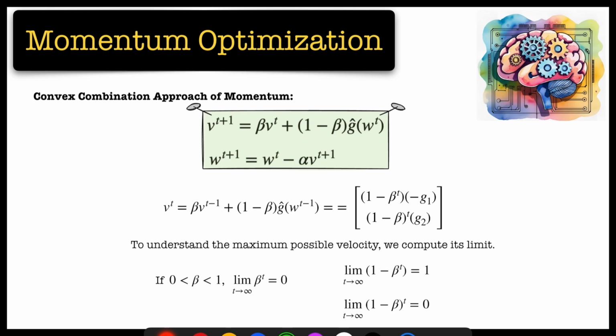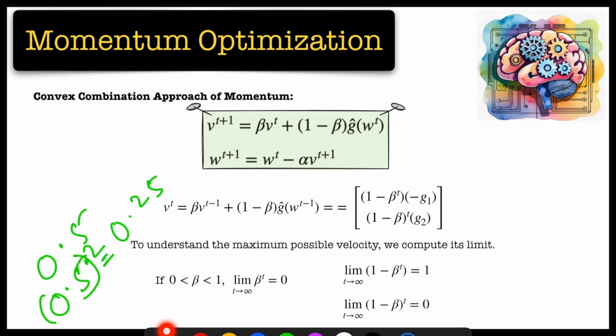Just a quick intuition: if you take 0.5 and compute the power, 0.5 squared gives 0.25. Square again, and we get a much lesser value. So if β is between 0 and 1, β^t will always tend to 0.